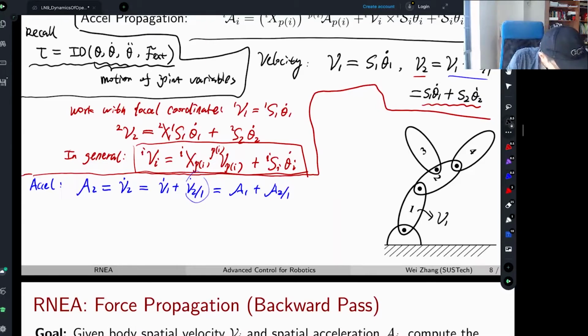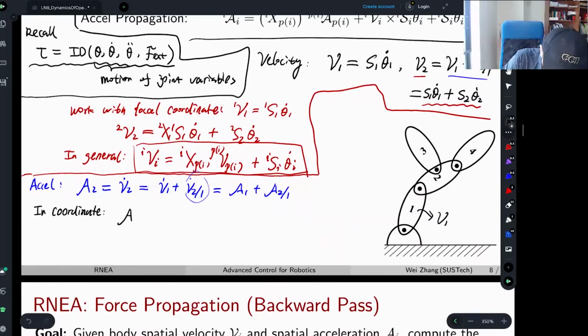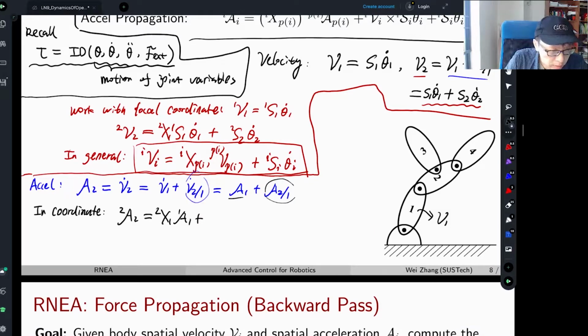And in coordinates, we are working with local coordinates, right? a2 in 2 would equal X 1 to 2 times a1 in 1, because you know a1. That's my first term. The second term is this: you take the derivative and then express that derivative in the new coordinate frame.